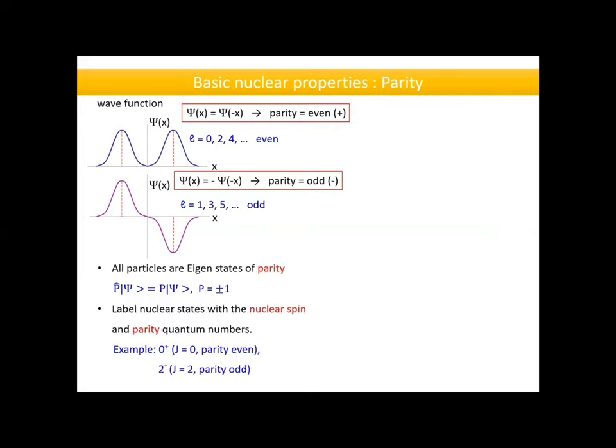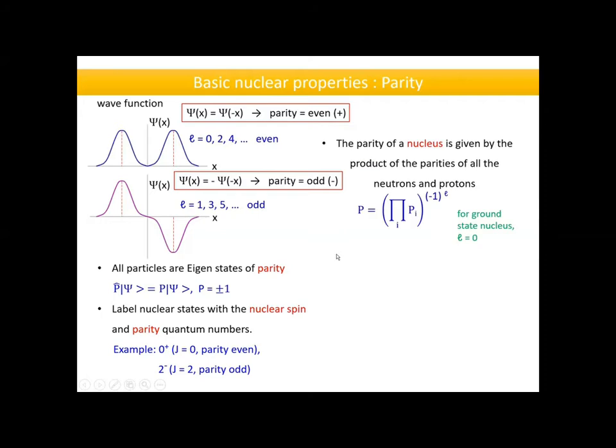We write nuclear states with nuclear spin along with parity. As an example here, 0 plus, where nuclear spin is 0, that is J equal to 0, and parity is even because it is positive. Now the parity of a nucleus is the product of the parities of all individual particles or nucleons, and can be written as this.